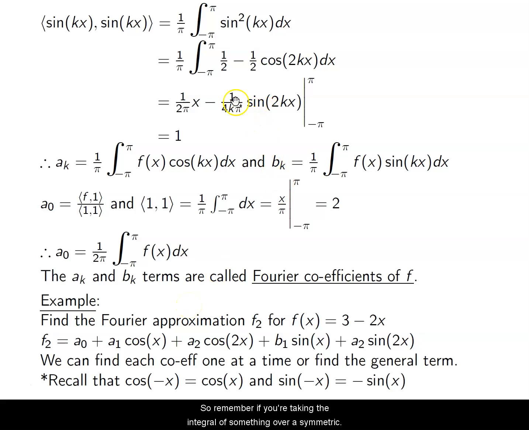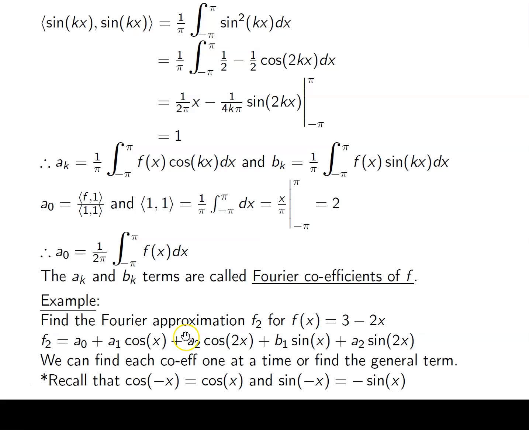Remember, if you're taking the integral of something over a symmetric interval, then certain even or oddness will cancel out because you have the positive portion and the negative portion, and they cancel out. So use that fact as well in your integration.